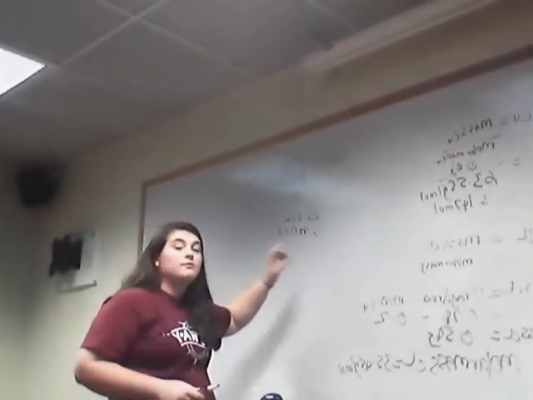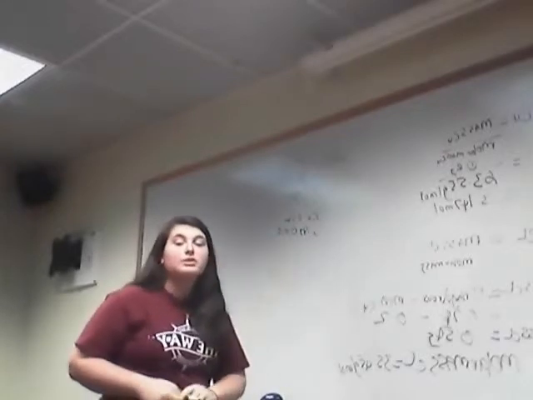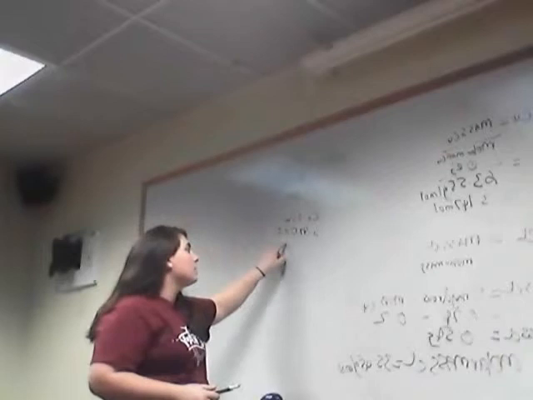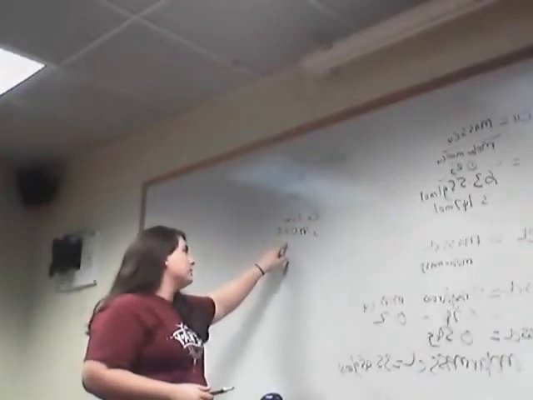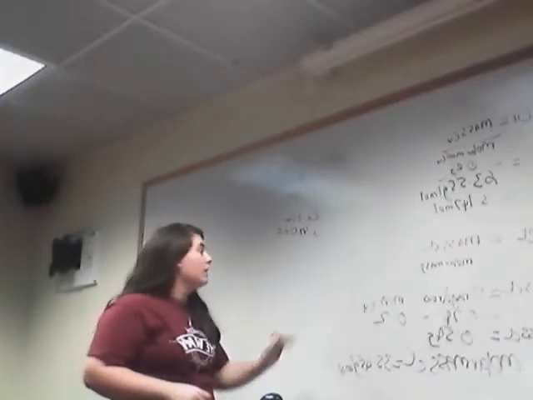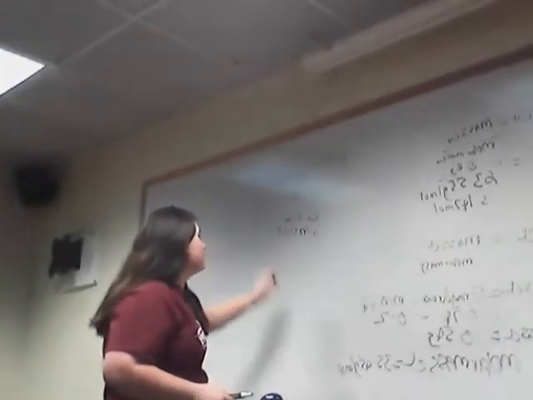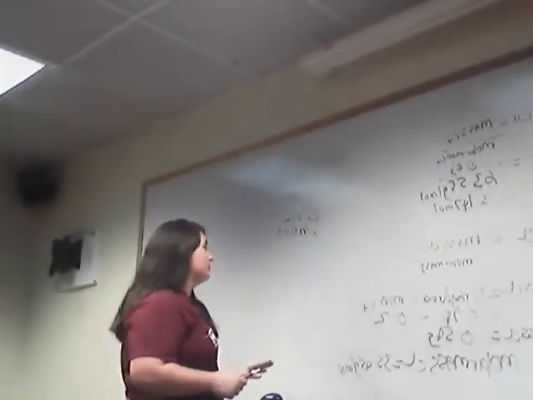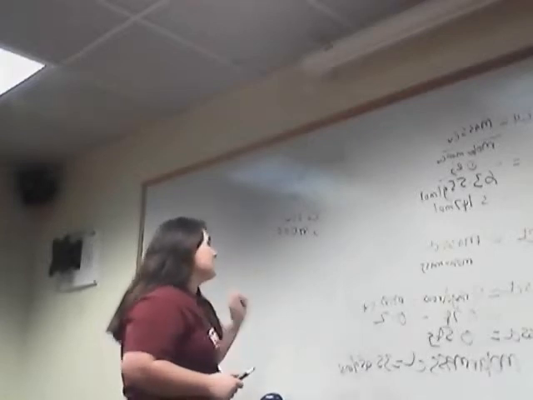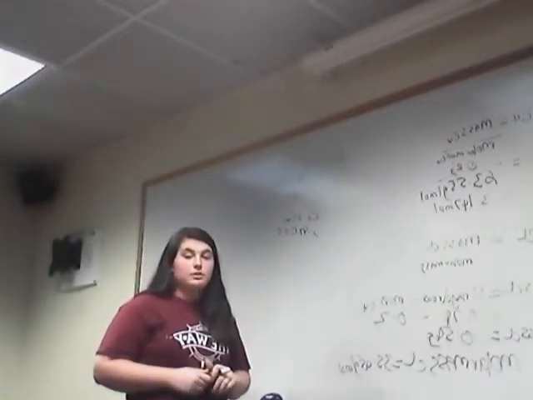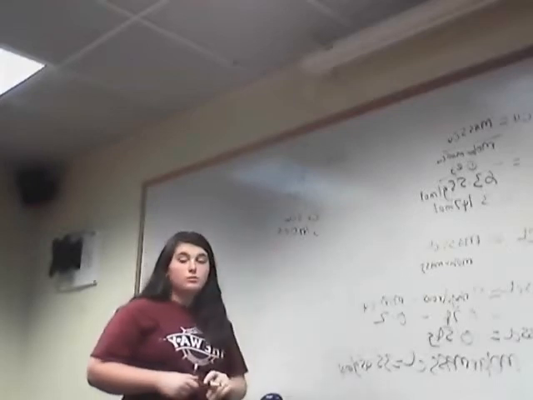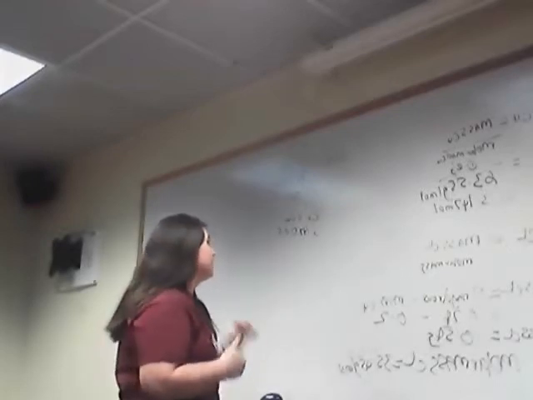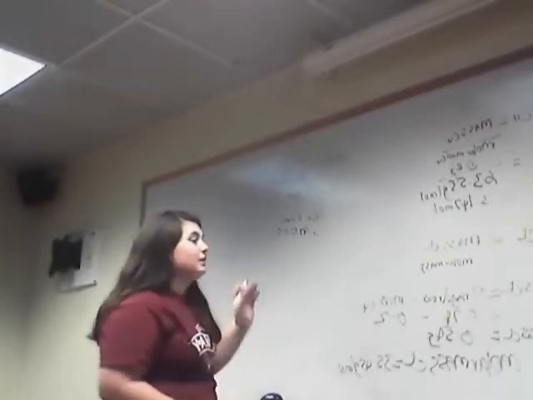To get the empirical formula, you need to convert these numbers to whole numbers. Considering how small this number is, it's very difficult. In this case, you can't really get the empirical formula because this number is so small. It would not be plausible.